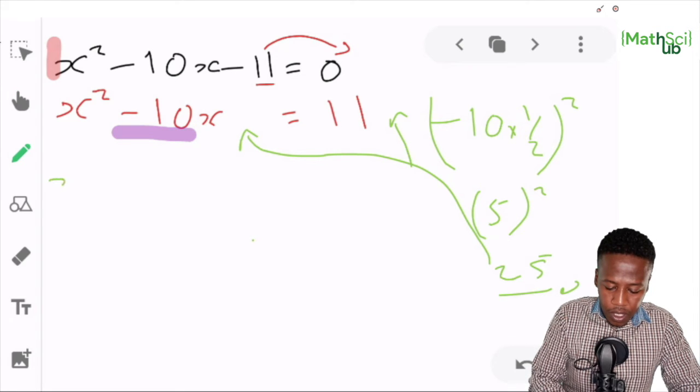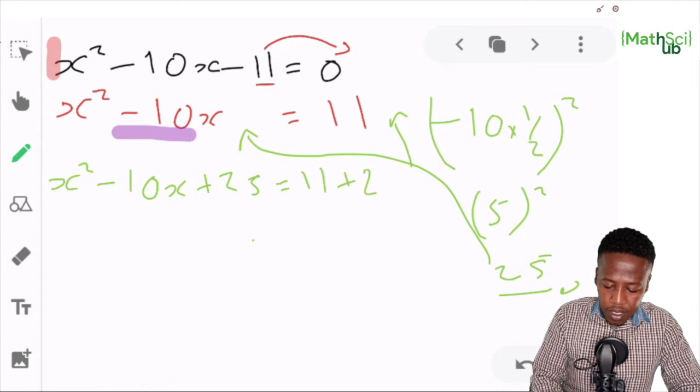Meaning now we are going to have x squared minus 10x plus 25 equals 11 plus 25.